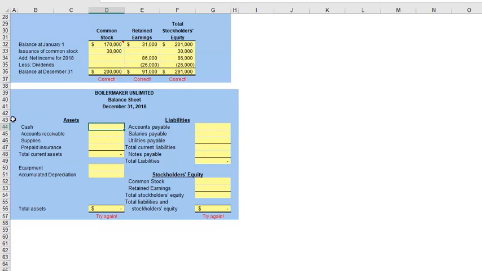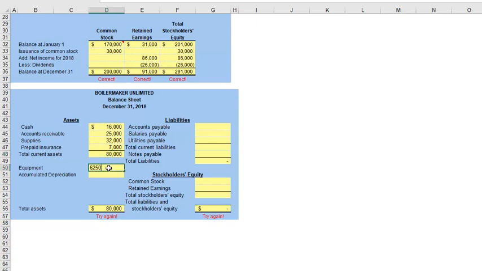Now what's very important too is we're going to check this at the end, is that our assets equal liabilities plus stockholders' equity, right? So let's go ahead and update this. Cash of 16,000, accounts receivable of 25,000, supplies of 32,000, and prepaid insurance of 7,000. I've added a formula here to give us our total current assets of 80,000.